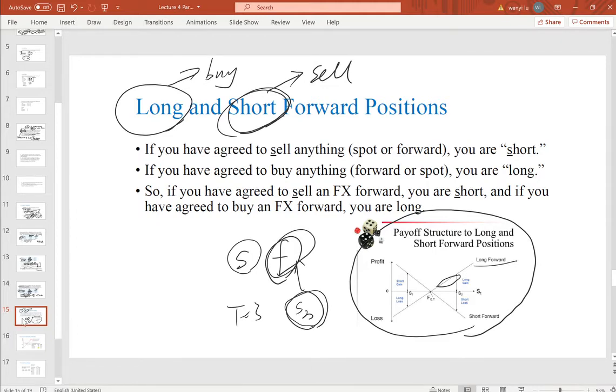The higher the spot price in the future, the more profit you will get, because you can buy something at a predetermined price in the forward contract. In a short position, it's the opposite, because you sell it. You prefer the price to be as cheap as possible in the future.